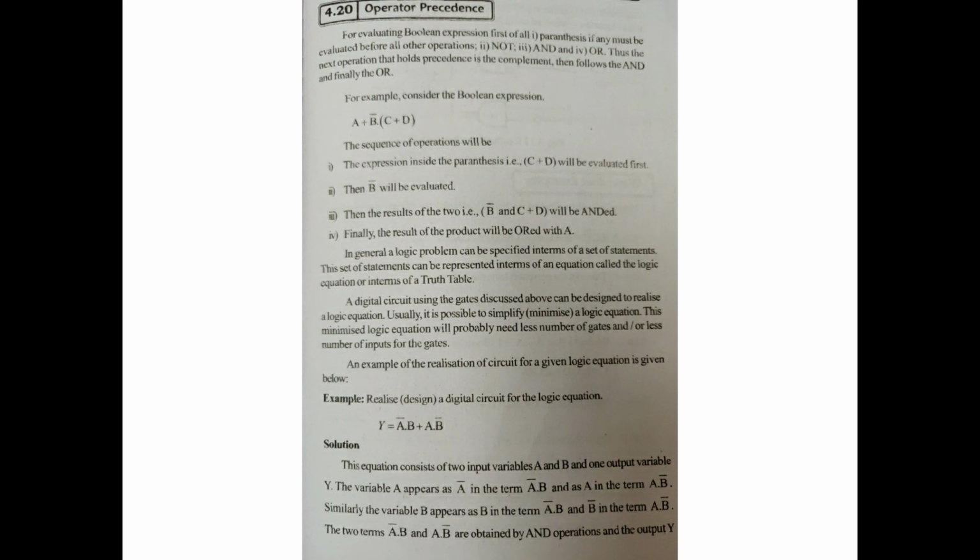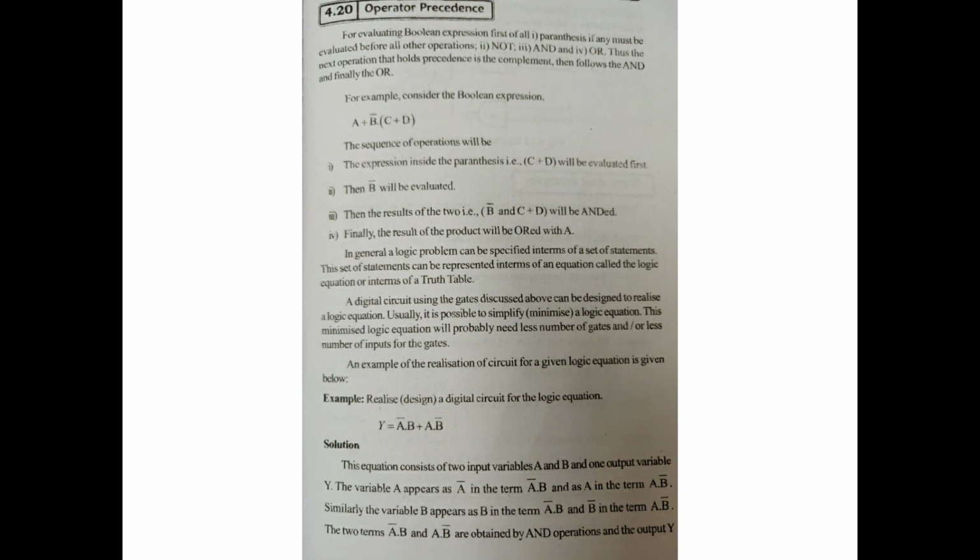Solution: looking at the equation, this equation consists of two input variables a and b and one output variable y. The variable a appears as a bar in the term a bar dot b and as a in the term a dot b bar.